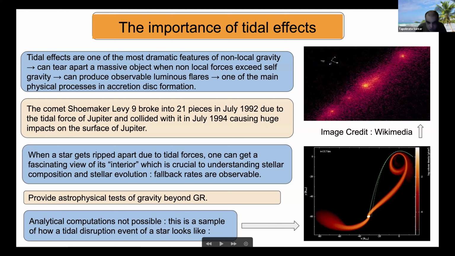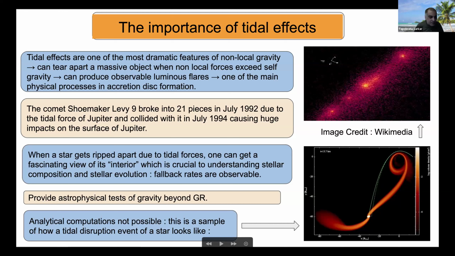Another good reason to study these is that they can provide astrophysical tests of gravity beyond general relativity, because there are many theories, like f(R) gravity and beyond Horndeski theories of gravity. All these gravitational theories will have some kind of low energy limit, something like the Tolman-Oppenheimer-Volkov equation in the Newtonian limit, which tells you about the pressure balance equation, the hydrostatic equilibrium condition inside a stellar object.